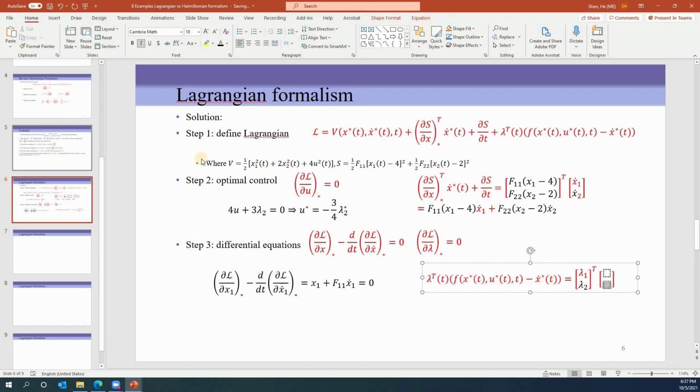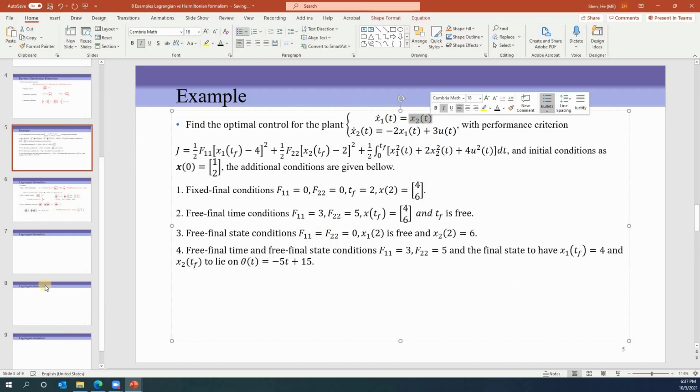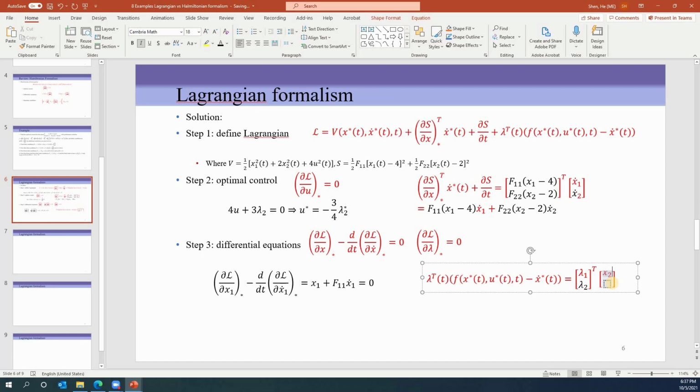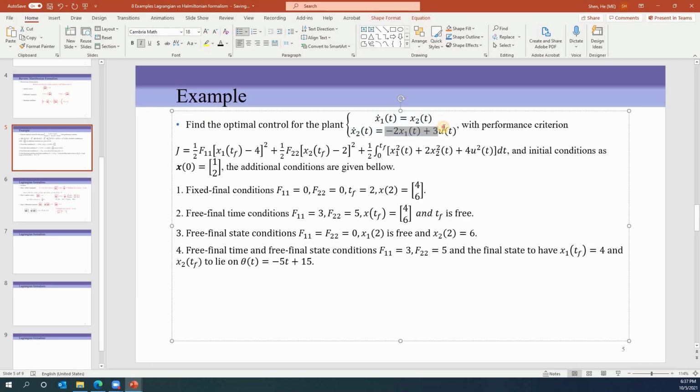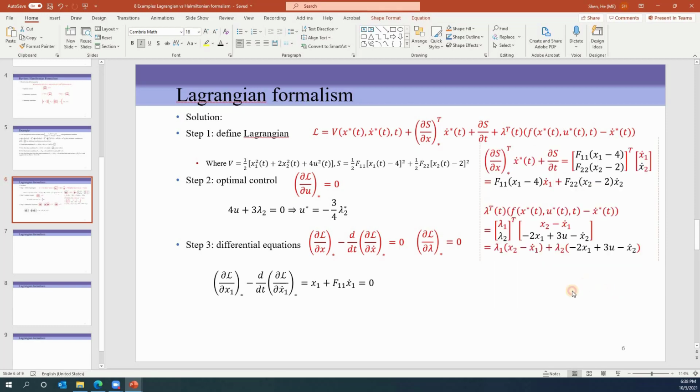So the f function: the first equation is x2 minus x1 dot. And the second equation is negative 2x1 plus 3u minus x2 dot. And that will become lambda 1 times this plus lambda 2 times this. Great.